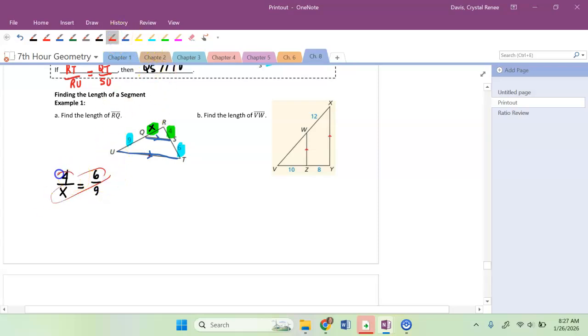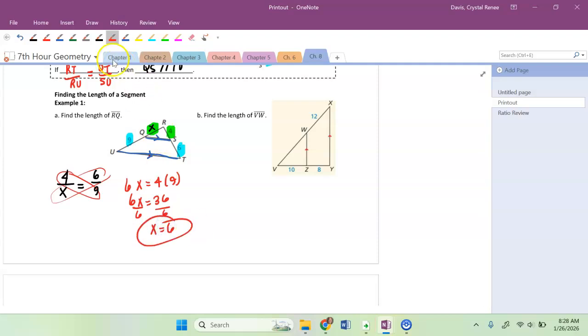Then cross multiply and solve. So 6x equals 4 times 9. 6x is equal to 36. x then is 6.